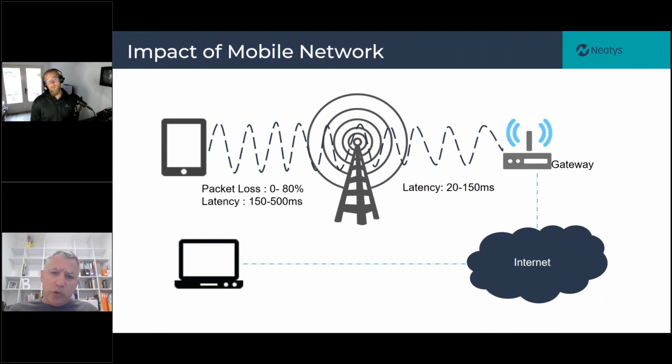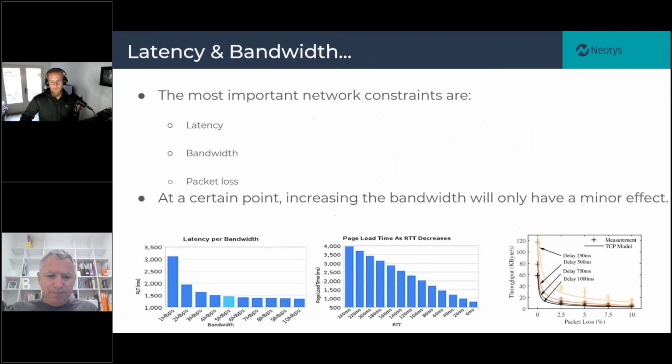So it introduces packet loss that has a huge impact on the throughput of the communication and on the latency of the data transmitted. Let's go to the next slide.